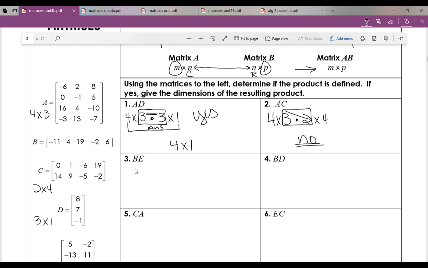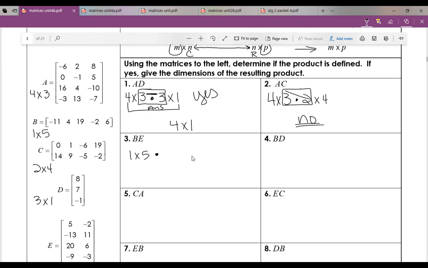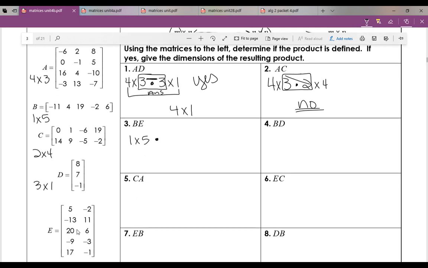All right, dimensions of B, a 1 by 5. And if you multiply that by E, which is a 5 by 2, these numbers are the same, so the outside numbers represent my answer. So yes, I can multiply them together, and my answer is going to be a 1 by 2 matrix.